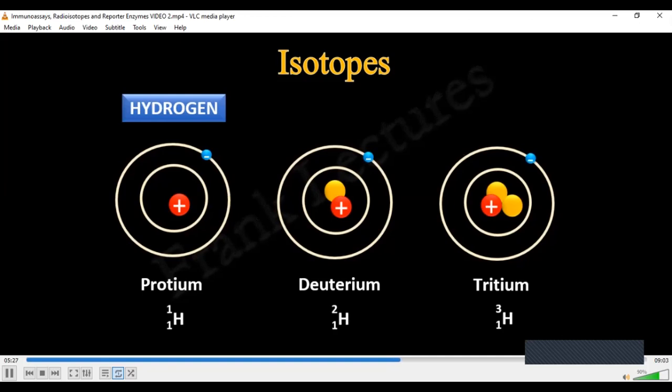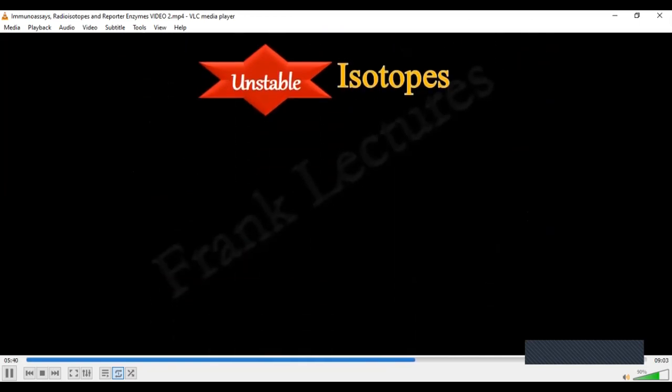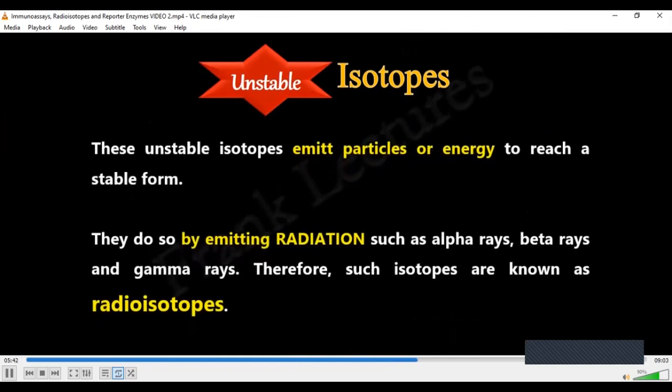The first two isotopes of hydrogen, protium and deuterium, are stable, but the third isotope, tritium, is unstable. These unstable isotopes emit particles or energy to reach a stable form. They emit radiations such as alpha rays, beta rays, and gamma rays. Therefore, such isotopes are known as radioisotopes.